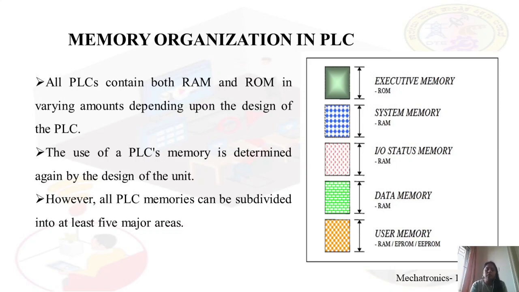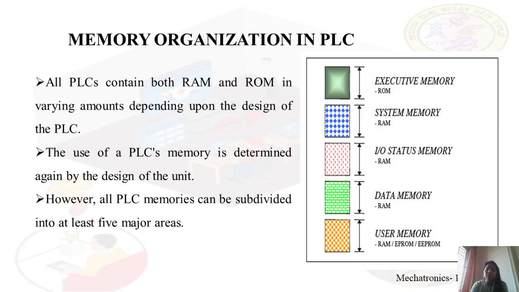The use of the PLC's memory is determined again by the design of the unit. Based on the application or design of your unit, the use of the PLC memory is determined. However, all PLC memories can be divided into at least 5 major areas.